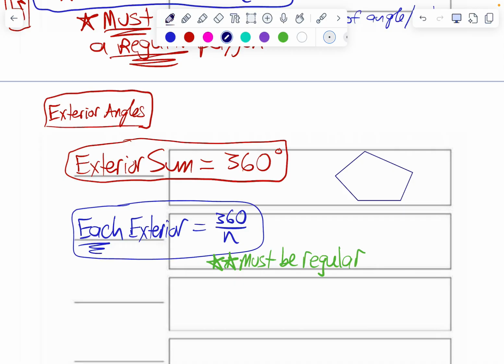So an exterior angle is if we extend, actually let me use a different color, if we extend these lines so that they make angles outside of the polygon, so each of those are exterior angles.